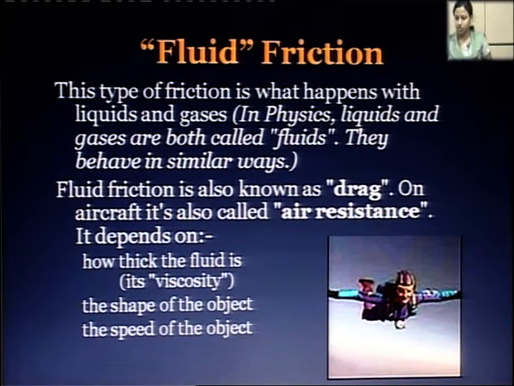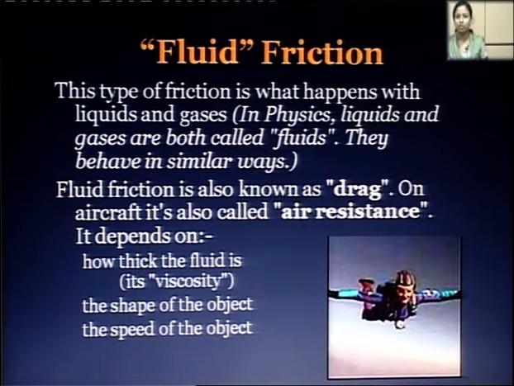Next is fluid friction. This type of friction is what happens with liquids or gases. In physics, liquids and gases are both called fluids. They behave in a similar way. Fluid friction is also known as drag. On aircraft, it is also called air resistance.